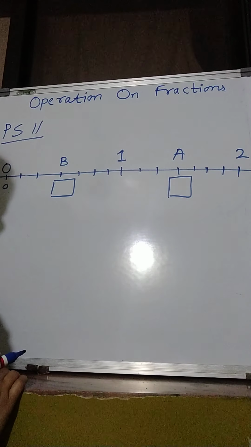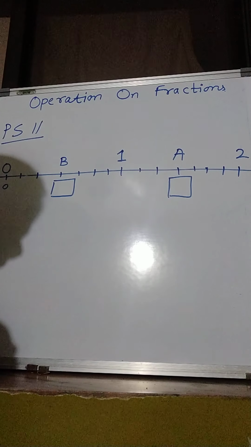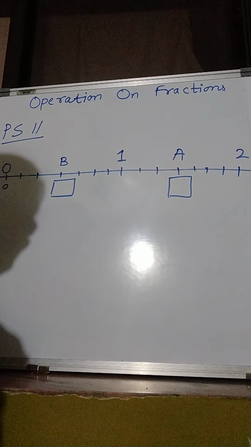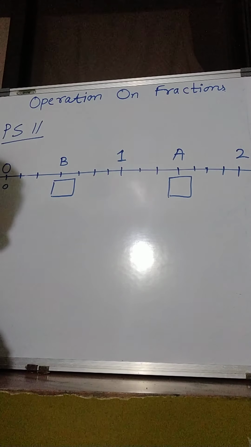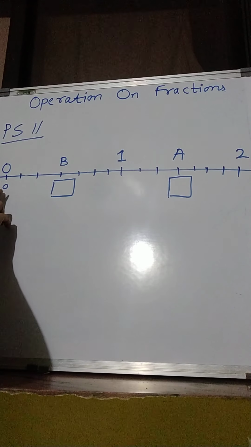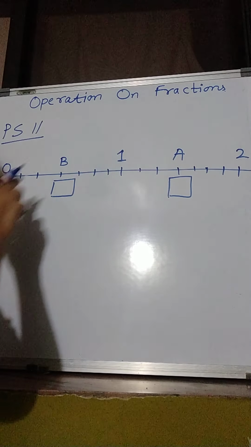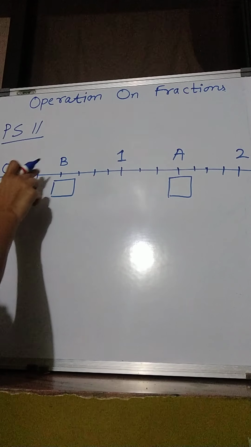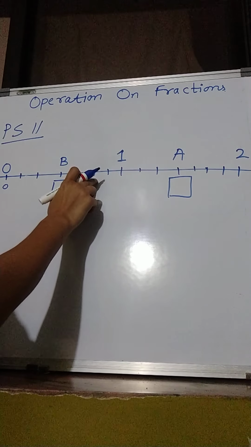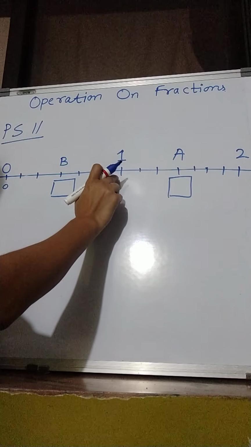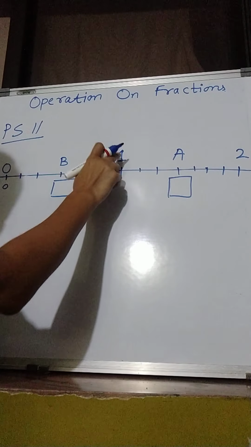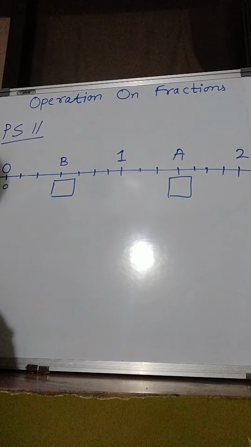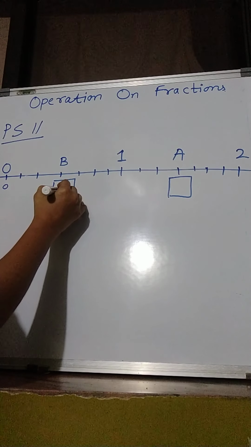Now see, here no number is given. Then how to find out what the denominator is? Count the small lines from 0 to 1. What is that? 1, 2, 3, 4, 5, 6. And on the 7th place your 1 is there. So your denominator is 7.